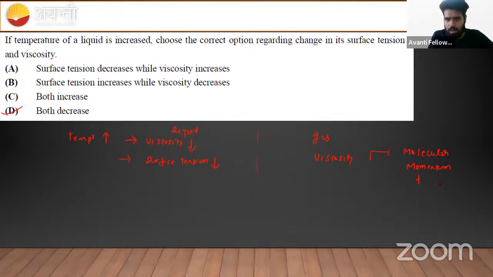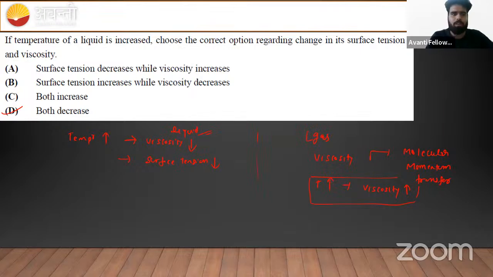So if we increase the temperature, randomness increases, collisions increase, so the viscosity of gas increases. So always keep in mind that when it is about liquid, viscosity decreases on increasing temperature, and vice versa for the gas. I hope this is clear.